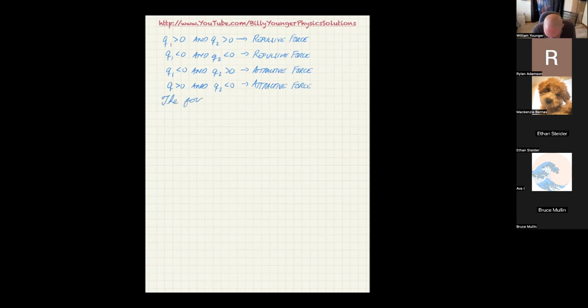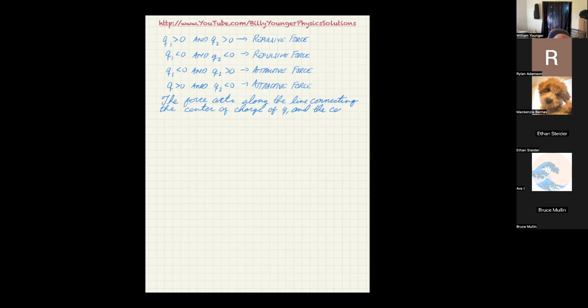The force acts along the line connecting the center of charge of Q1 and the center of charge of Q2.